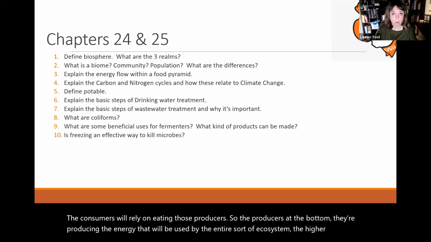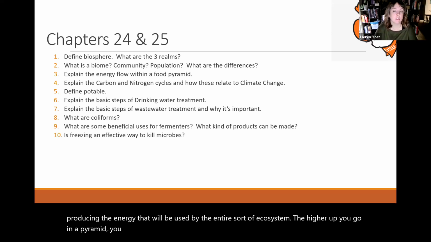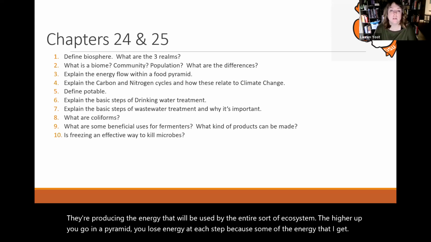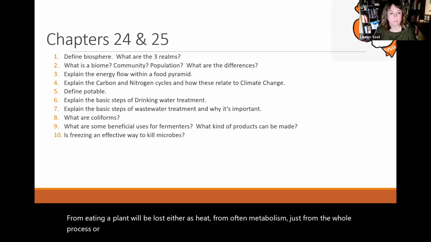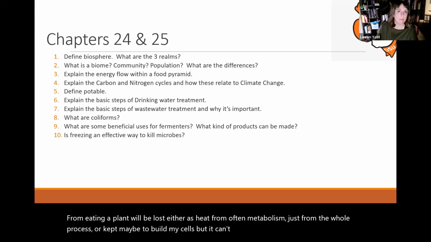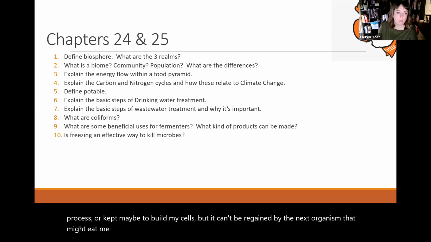The higher up you go in a pyramid, you lose energy at each step because some of the energy that I get from eating a plant will be lost either as heat from metabolism, just from the whole process, or kept maybe to build my cells, but it can't be regained by the next organism that might eat me, for example. So you'll lose energy at each step.